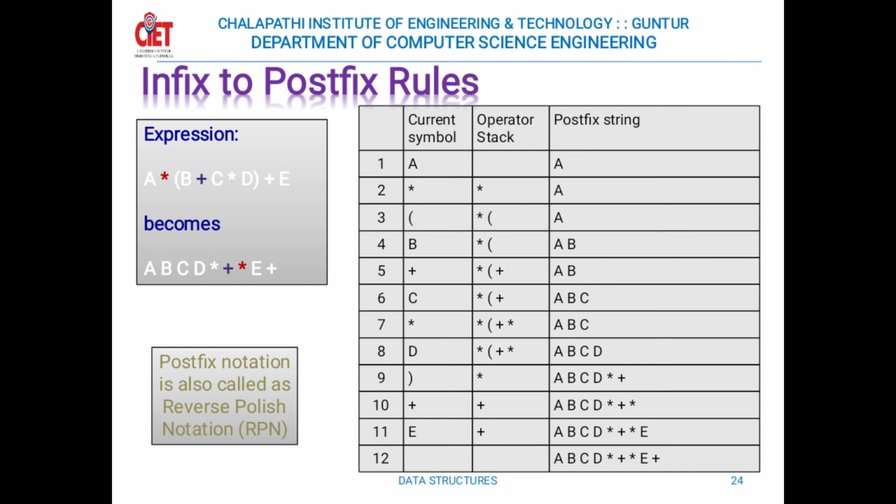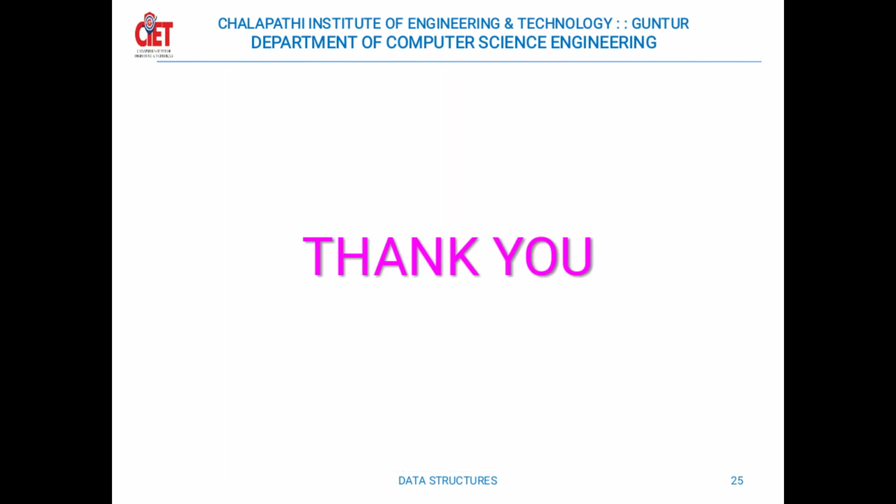The plus precedence is lower than the star priority, so the star is removed from the stack. Next operand E is displayed as it is. So that is how to convert an infix to a postfix expression. Thank you.